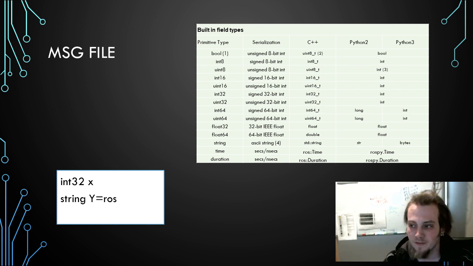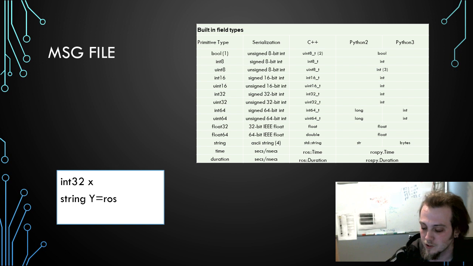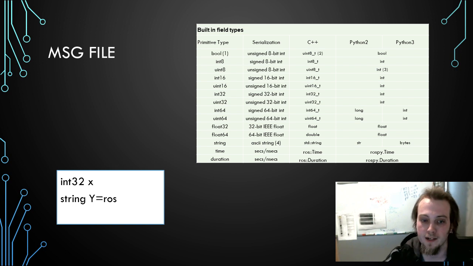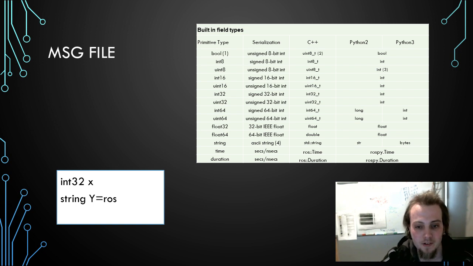A very simple message file, or .msg file, is shown in the slide here. We have the X field with the field type of an integer that is 32 bits, which you should all be familiar with from a couple of different programming languages. And we also have the constant Y with the type of a string and the value of ROS.